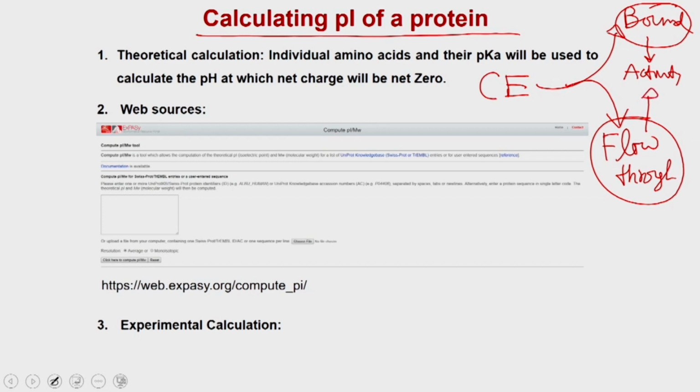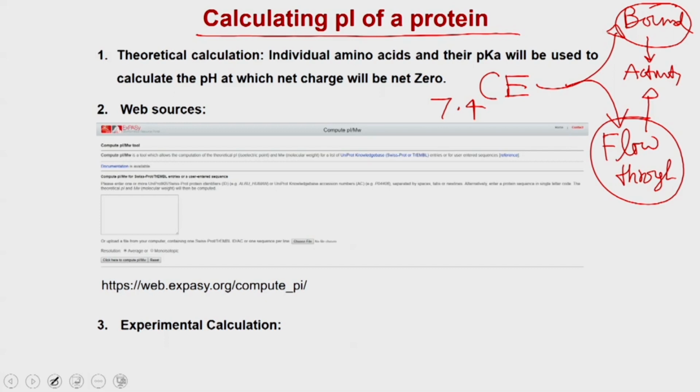Suppose they have done the cation exchange chromatography at pH 7.4, which is a standard thing because 7.4 is a physiological pH. Once they do that, either the protein will be present in the matrix-bound phase, or it will be present in the flow-through phase, which means it is not binding to the matrix. Now they analyze these two fractions for activity.